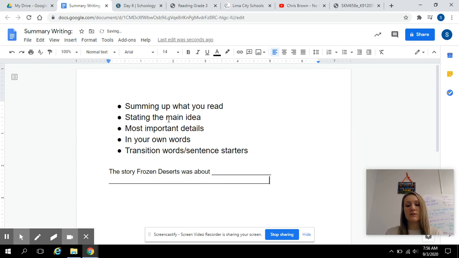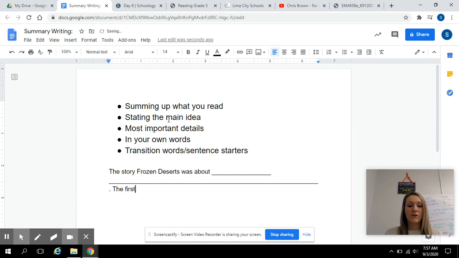And then the next thing, use your transition words. First, in the story, what is the most important thing that happened first or that they talked about? Or you could say one important detail is. The second important detail is. I'll put those as well.